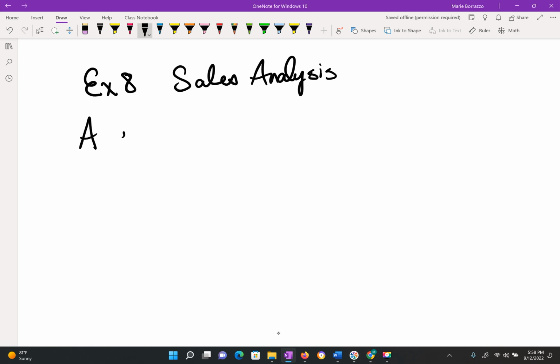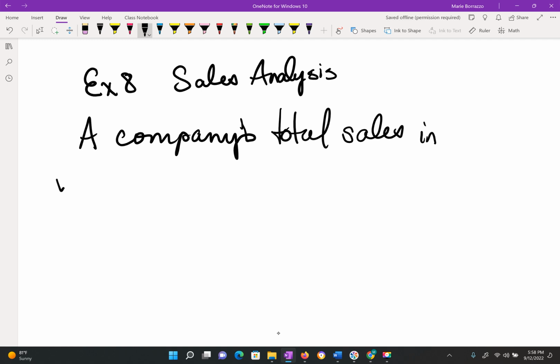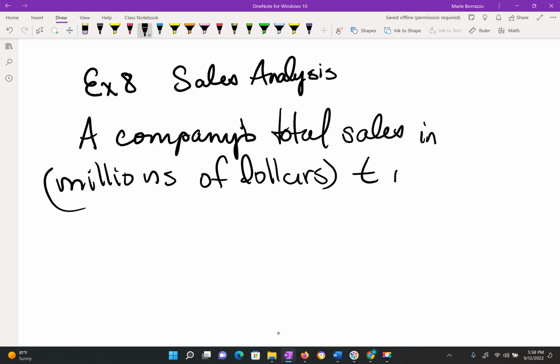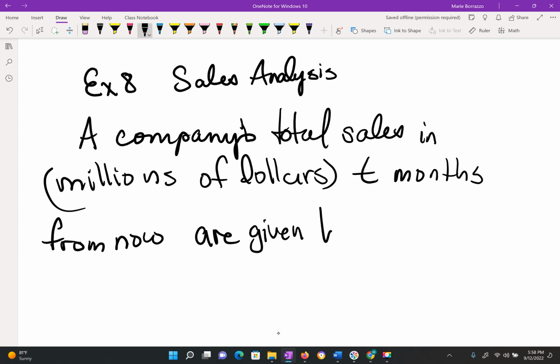It says a company's total sales in billions of dollars t months from now are given by S of t is equal to the square root of t plus 2.